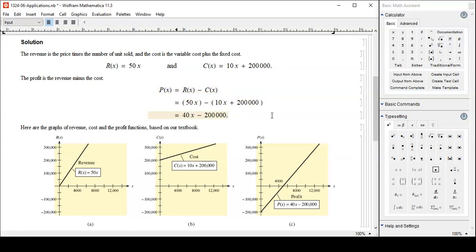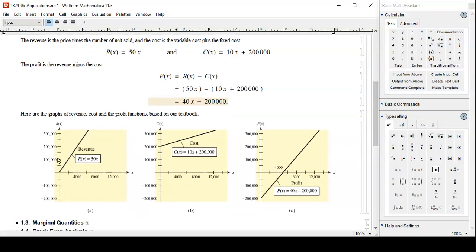By the way, our textbook gives us these nice pictures. So revenue function here, 50x, and cost function here, 10x plus 200,000, and y-intercept here is the fixed cost. And then if you subtract one from the other, then we get this linear function.